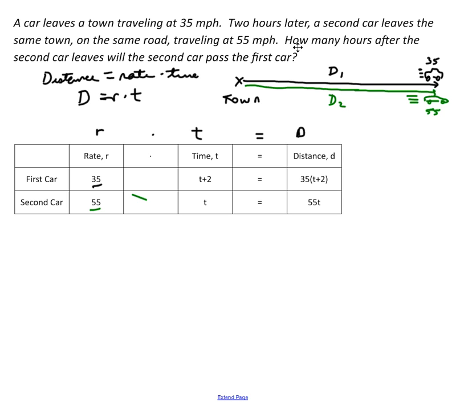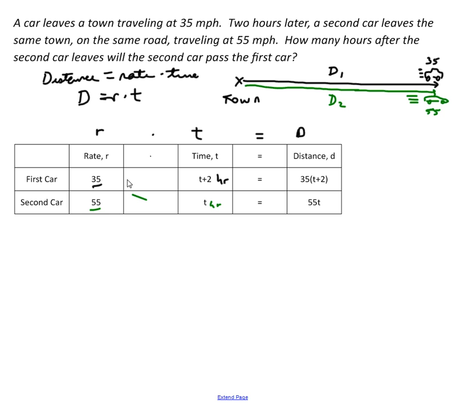We're basing this on how many hours after the second car leaves. So let's call that T. He's driving T hours. We don't know how many hours T is, but that's how long the second car is driving, right? The first car is driving 2 hours more because it left 2 hours early. Right? So on the first car, we're going to get T plus 2 hours.